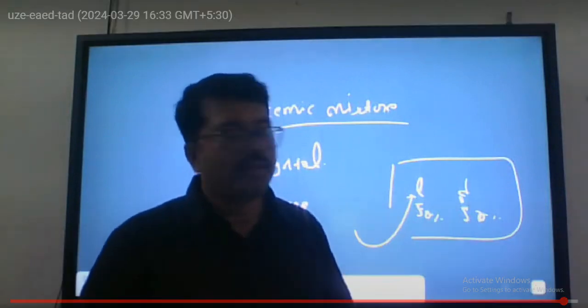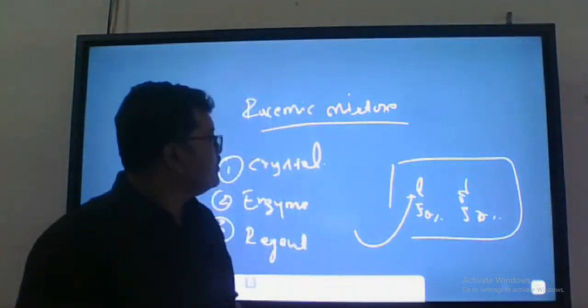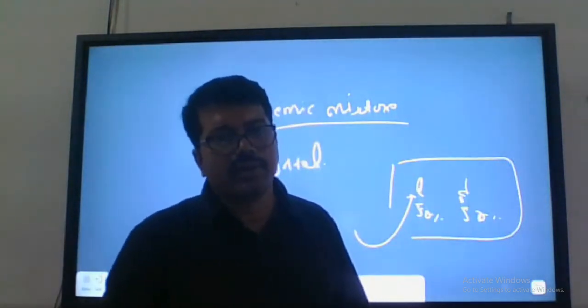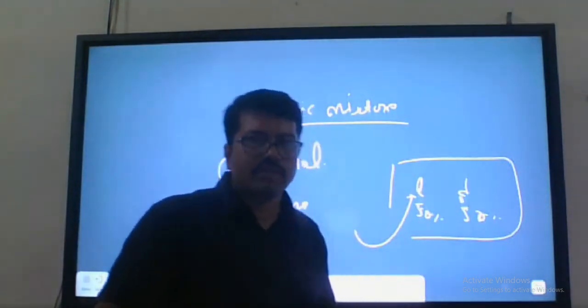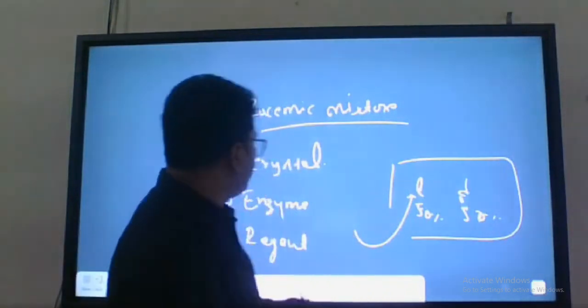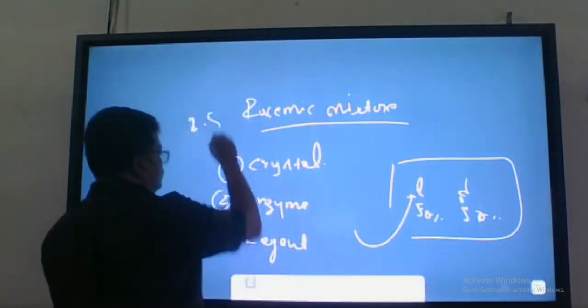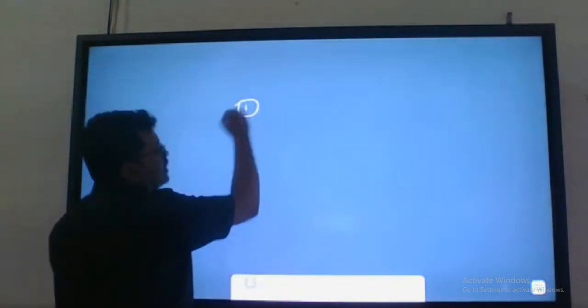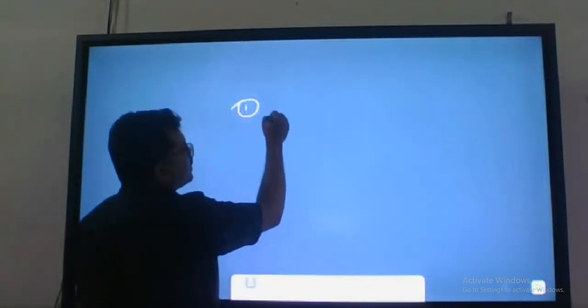So in this third unit, what did we see? Enantiomers, optical activity, plane of symmetry, center of symmetry, axis of symmetry, diastereomers, racemic mixture and RS nomenclature. First we saw optical activity.